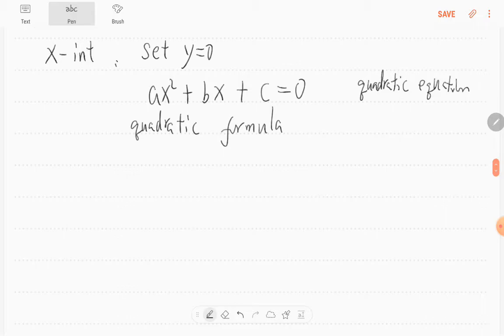So as a recall, x equals negative b plus or minus the square root of b squared minus 4ac, over 2a. Right. So this is the quadratic formula.